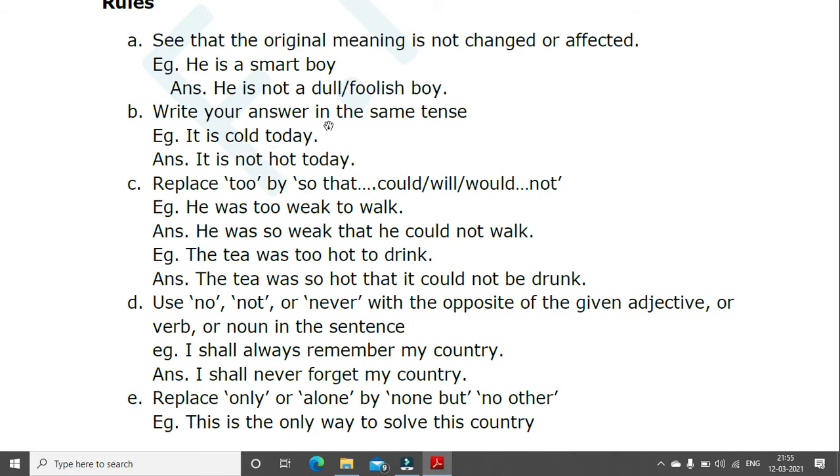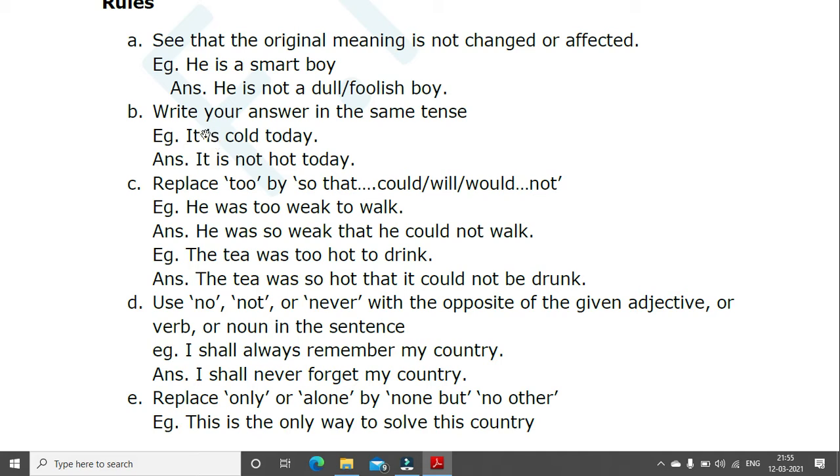Second, write your answer in the same tense. So here: it is cold today. Answer also will be it is not hot today, not was. This remains, it will not change.